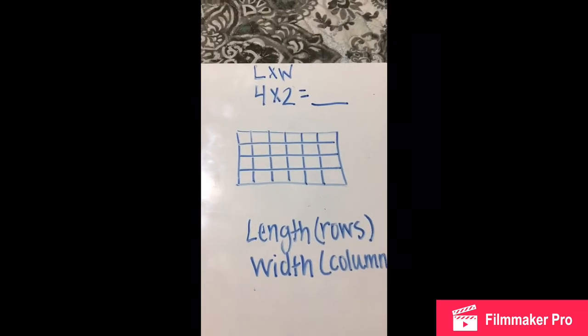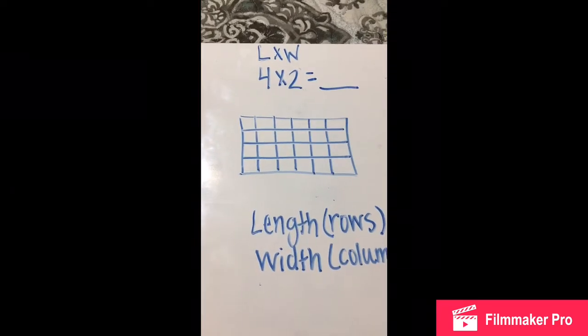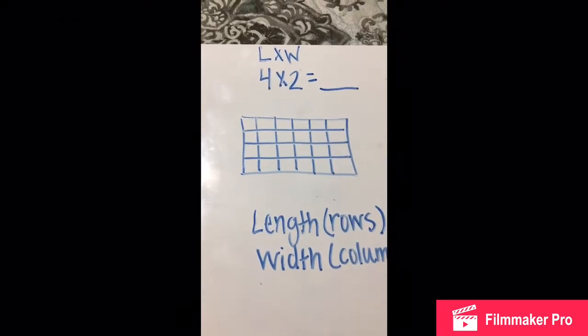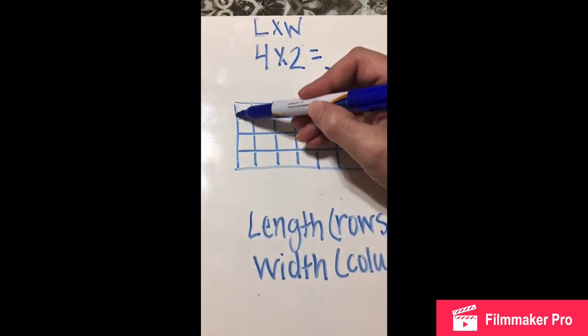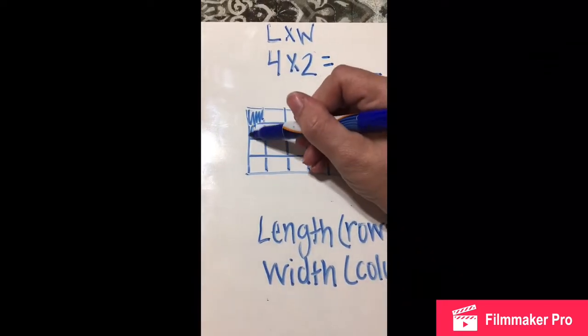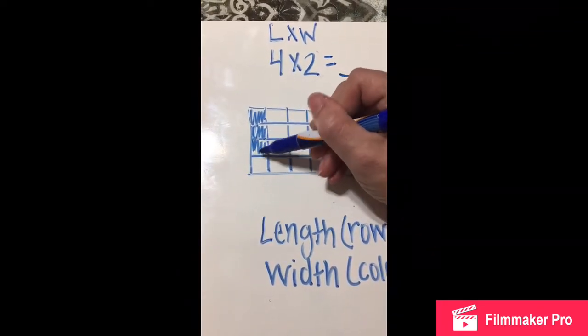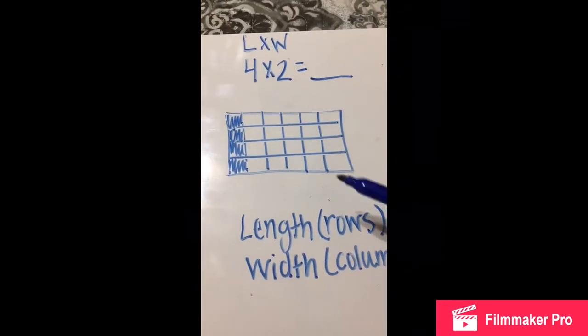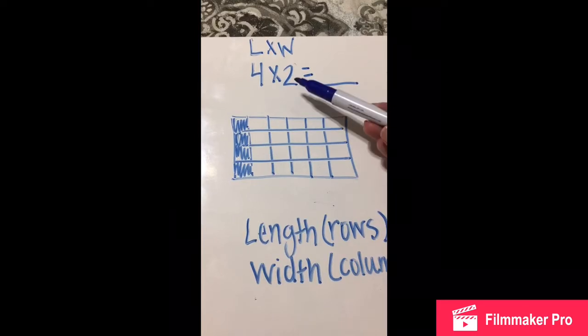So we know that our length is 4. So we're going to fill in 4 rows. I'm just going to start by going down my length 4 units. 1, 2, 3, 4. My width, I'm going to go across my rows 2 times.